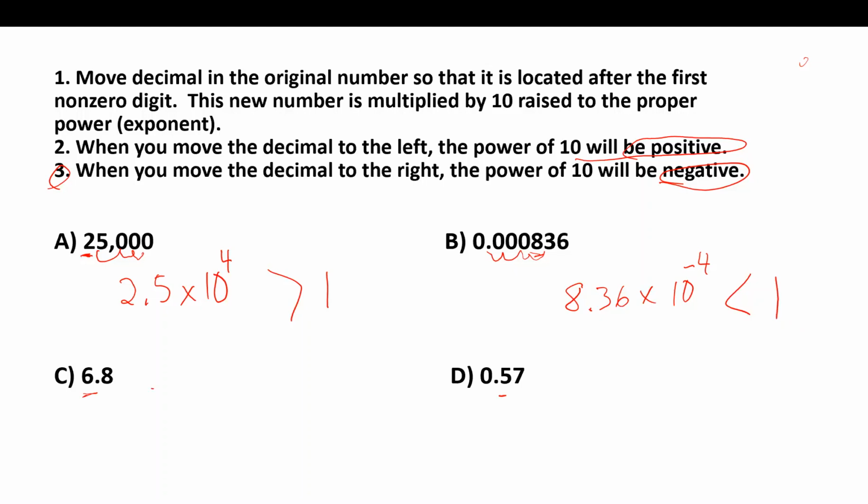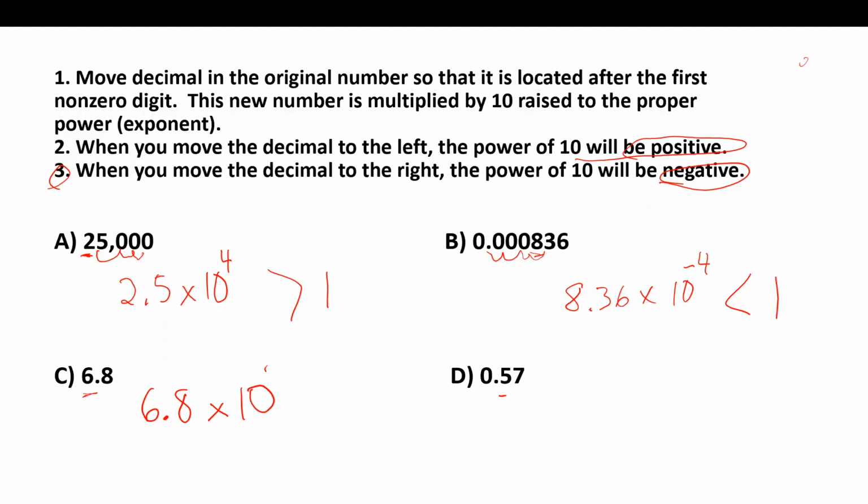If we look at number C, more than likely you would never put this in scientific notation, because that's just to limit the number of zeros you need to write out. 6.8, it's clean, you don't have to do it, but somewhere they might ask you to put this in scientific notation just to trick you. We already have the decimal after the first non-zero digit, so it's still 6.8, but the trick here is, times 10 to what power would keep this 6.8?